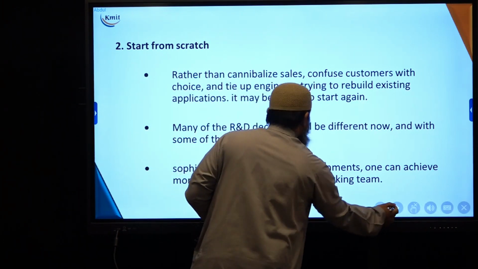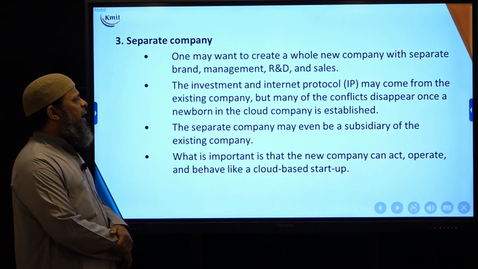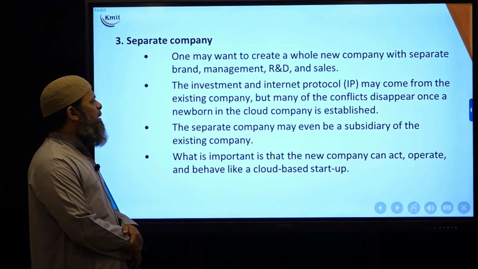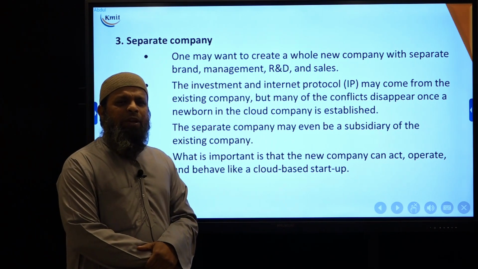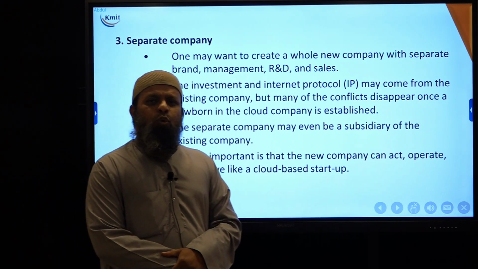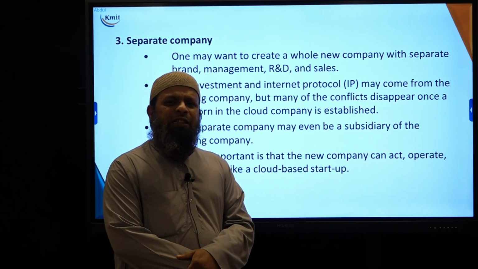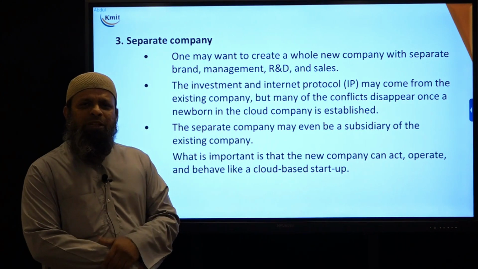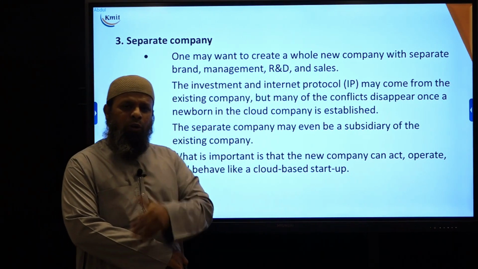Third one is a separate company. One may want to create a whole new company with separate brand management, R&D and sales. The better way is that the company can create its own subsidiary branch and say that applications from this branch are going to be on cloud.